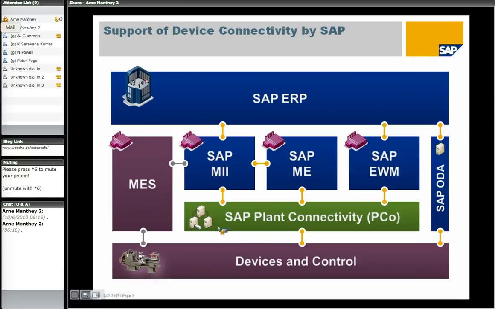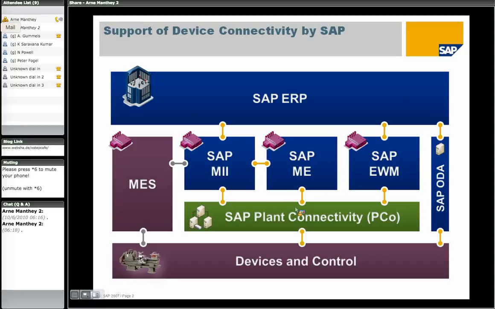And now the SAP Plant Connectivity is a small middleware built on .NET. So it's a very lightweight tool that you install very close to the data sources, if not on the server of your data source itself.